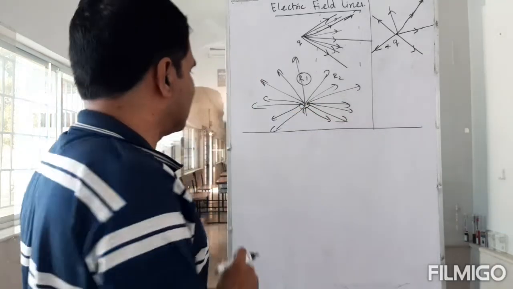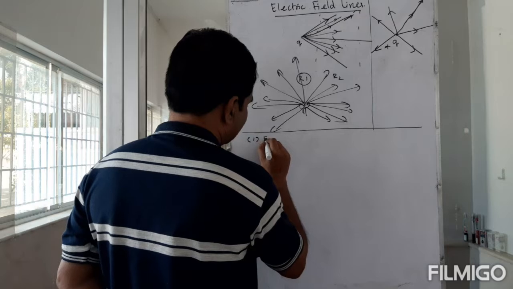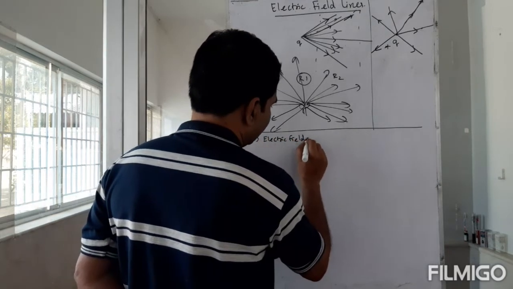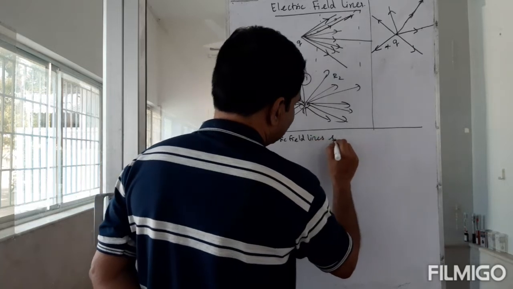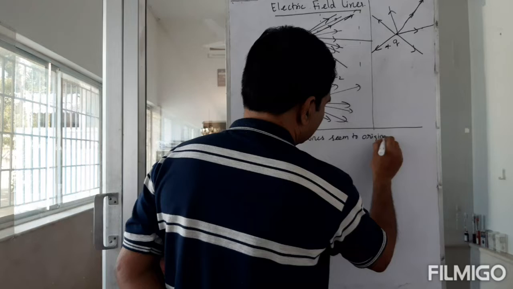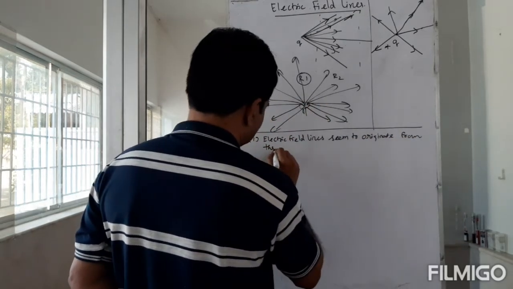So the first point is this: the electric field lines seem to originate from the positive charge.